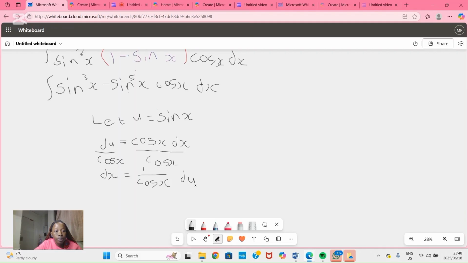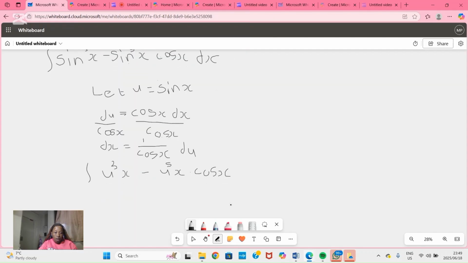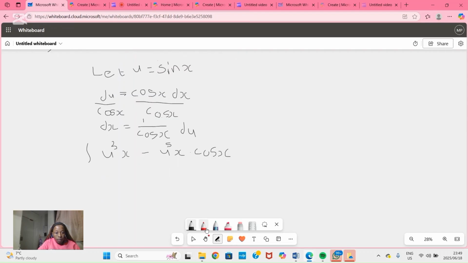Alright, so continuing, we have this in our integral. We're going to write u because we said let u equal sine x. We're going to have u to the exponent 3, and then minus u to the exponent 5, multiplied by cos x, and then our dx is equal to this.